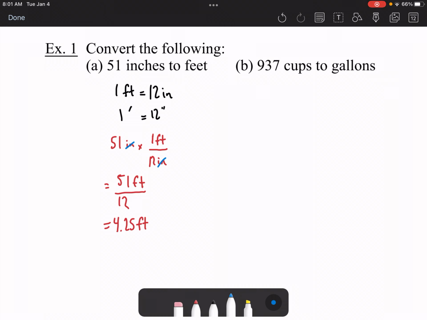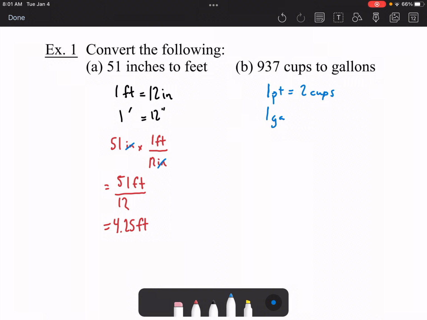I find out that 1 pint is equal to 2 cups, but this doesn't relate cups to gallons. But I do have the fact that 1 gallon is equal to 8 pints. So what we can do is string 2 of these things together in order to work this out.